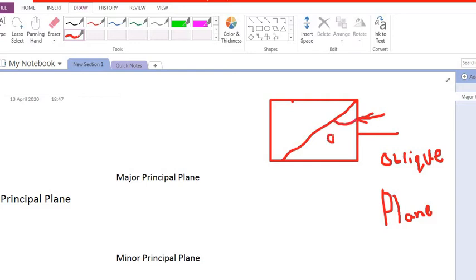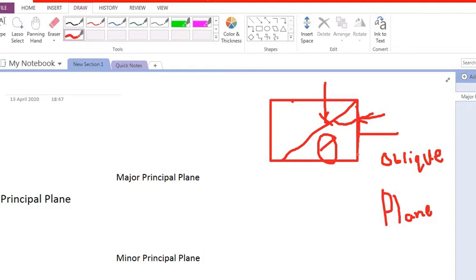This is, say, theta. I think it will be clear. This is theta, which means this is the location of the oblique plane. This is our oblique plane. This oblique plane I can take anywhere, but just for simplicity, I am considering this plane.